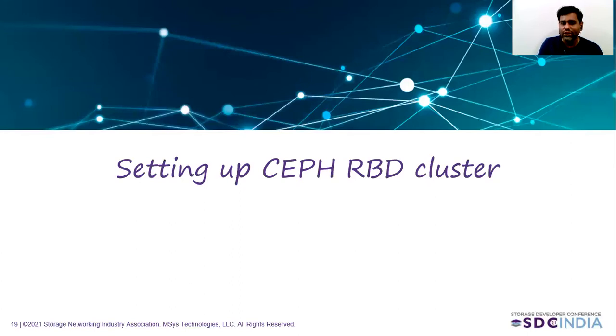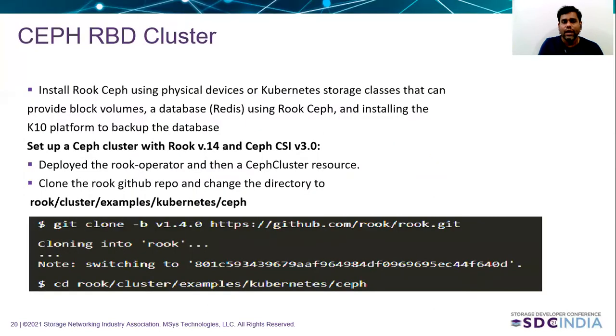Now we are going to see how we set up the Ceph RBD cluster with examples. At a high level, we install the RBD cluster by installing Rook Ceph using physical devices or Kubernetes storage classes that can provide block volumes.